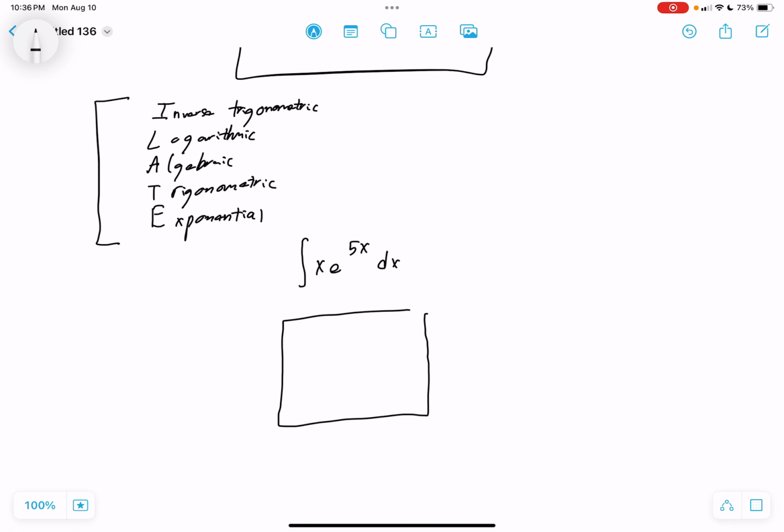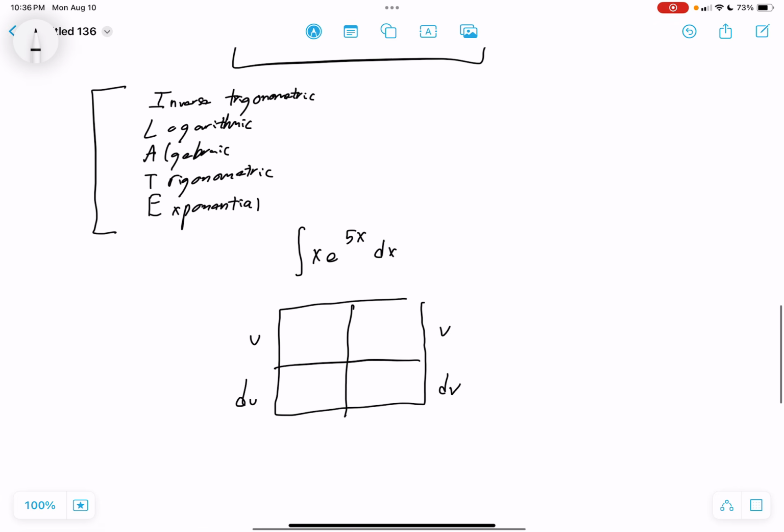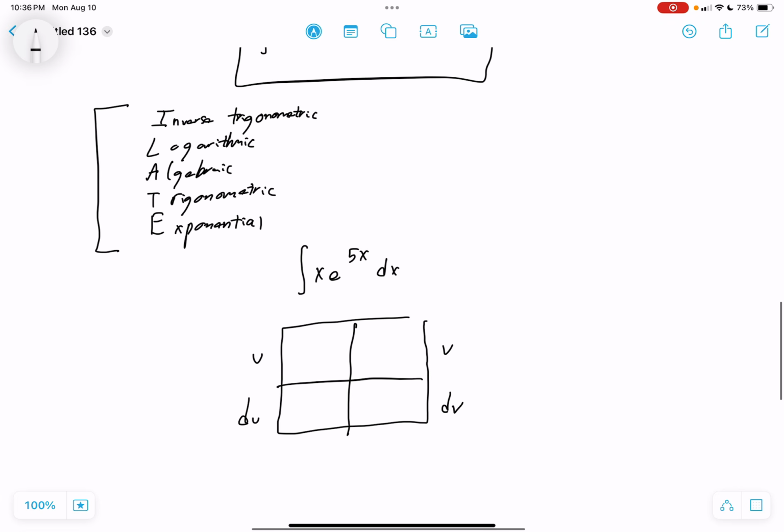So we have a box here, and then you can simply say, here's u, here's du, here's dv, and here's v. Because algebraic takes greater precedence than exponential, x is going to be here. The derivative of x is 1. E to the 5x is here. The integral of e to the 5x is 1/5 e to the 5x.